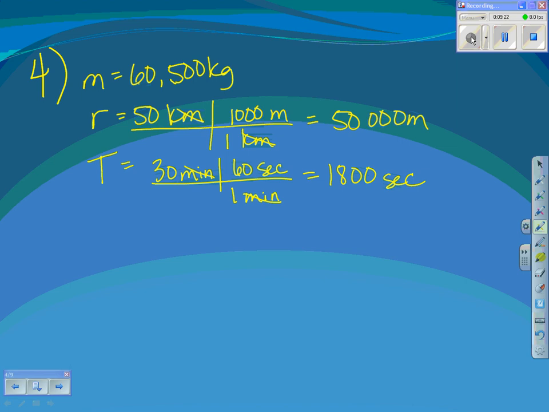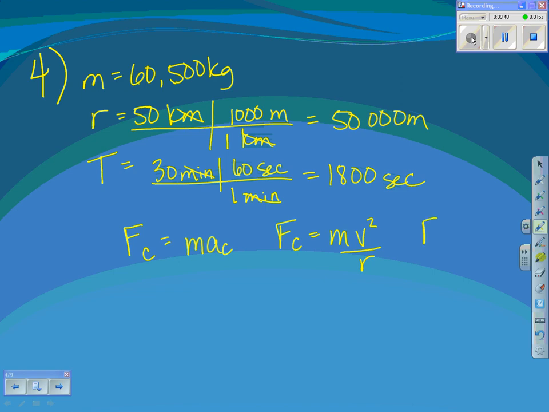All right. We're asked to find the centripetal force that the air is going to apply, which is MAC. Well, we don't have AC. So we could go ahead and say instead that centripetal force is mass times velocity squared over r. Well, we don't have velocity either. Well, you can do two things.